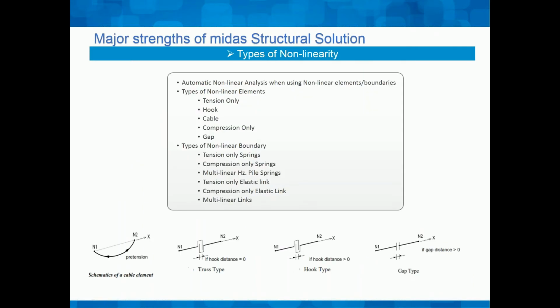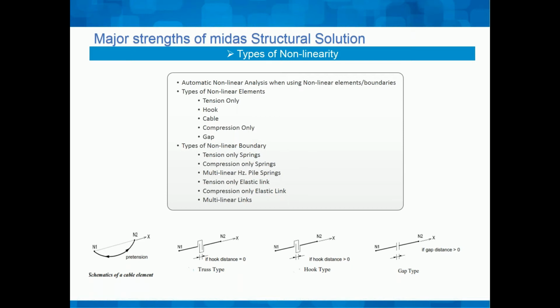Looking at the types of non-linearity supported in MIDAS Gen, there are elements like tension only, compression only, hooks, cables, as well as gap. Other types of non-linear boundary conditions are tension only and compression only springs, multilinear pile springs, tension only and compression only elastic links, as well as multilinear elastic links.